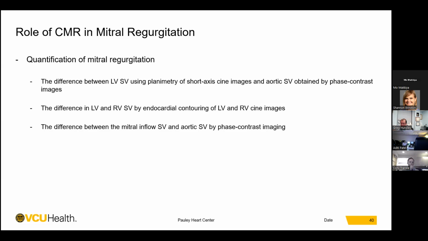Or we can do the difference between LV and RV stroke volume measurement by CMR imaging, or the difference between the mitral inflow stroke volume and the aortic stroke volume by phase contrast imaging. Keep in mind that phase contrast for direct assessment of flow on the mitral and tricuspid valve can be difficult because of significant motion of the annulus during systole.